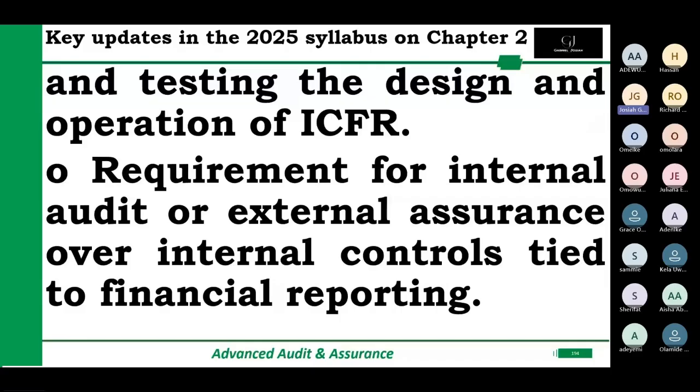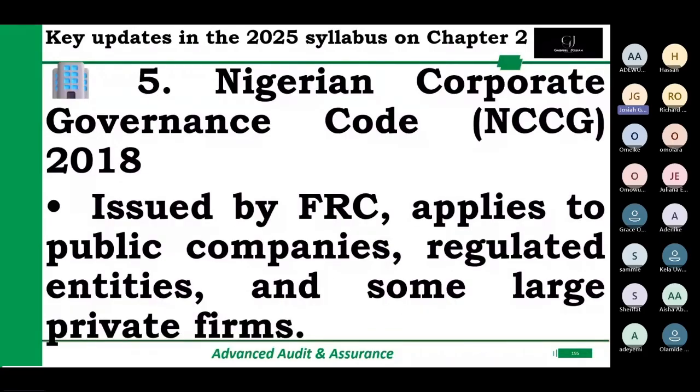We also have the Nigerian Code of Corporate Governance 2018, issued by the same Financial Reporting Council, which applies to public companies, regulated entities, and some large private firms. The code was updated for banks, I think, in 2023. I'm not sure now, but I'll provide that document also in an attachment for banks only.